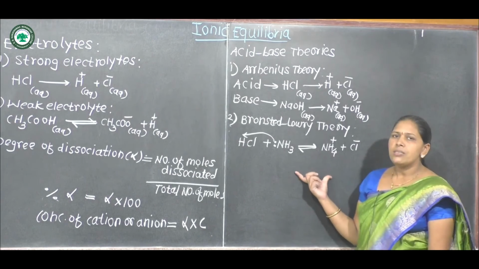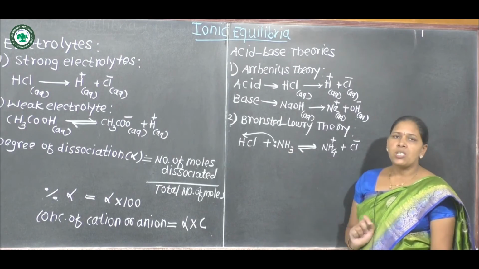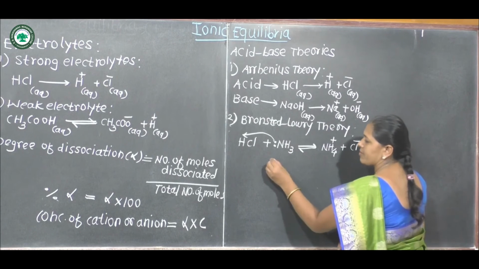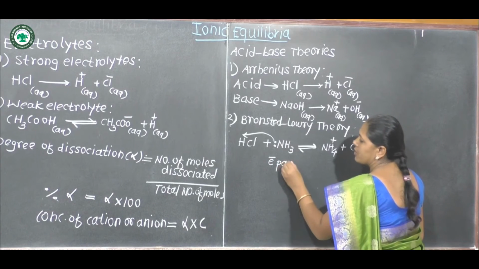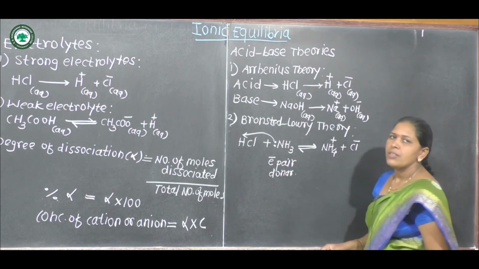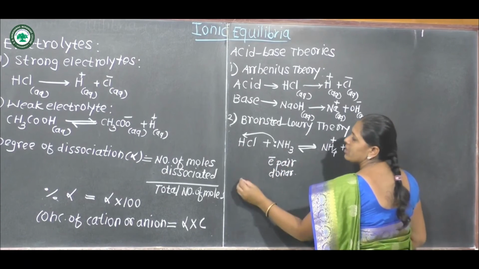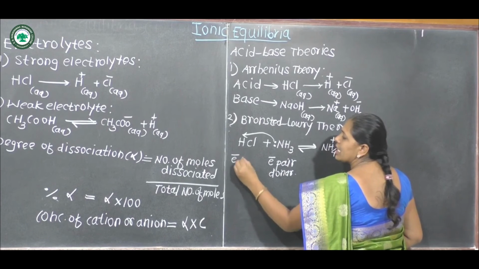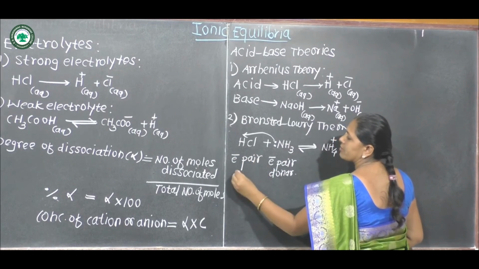In this example, the electron pair donor is ammonia. Which is the electron pair acceptor? H plus is the electron pair acceptor.